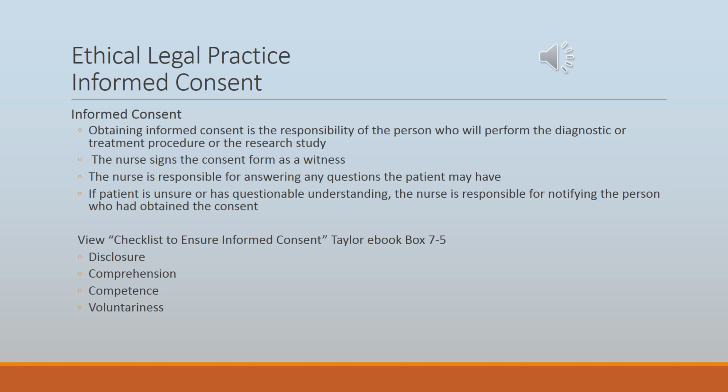Third is competence. The patient understands the information needed to make the decision and is able to reason in accord with a relatively consistent set of values and can communicate a preference. Fourth is voluntariness. The patient is voluntarily consenting or refusing. Care has been taken to avoid manipulative and coercive influences.